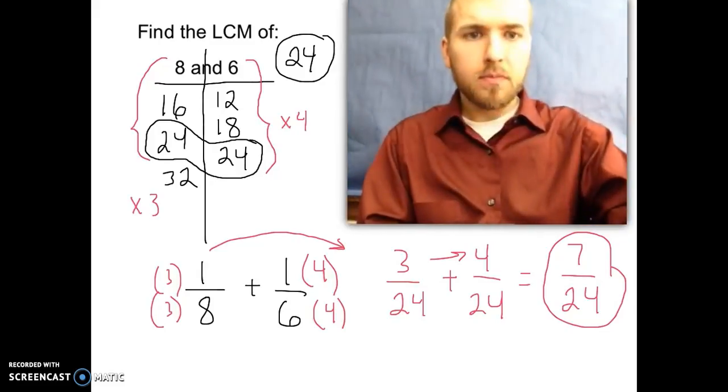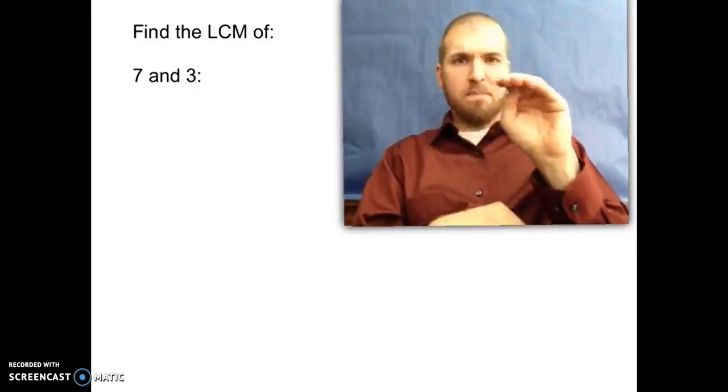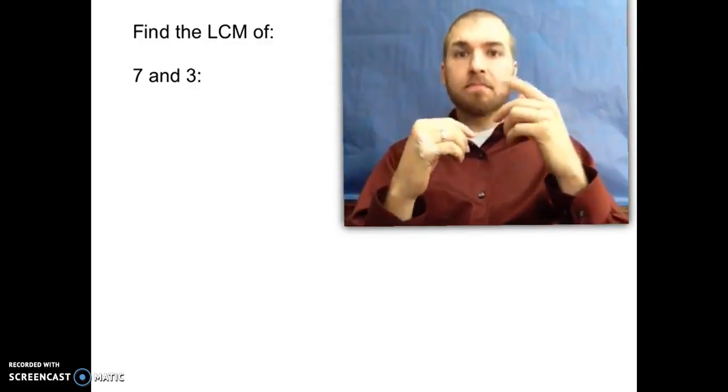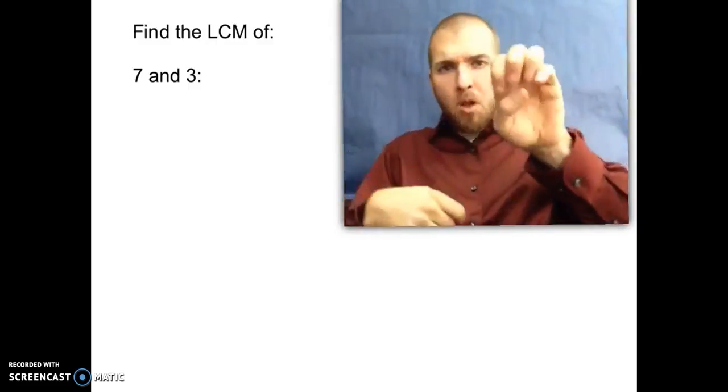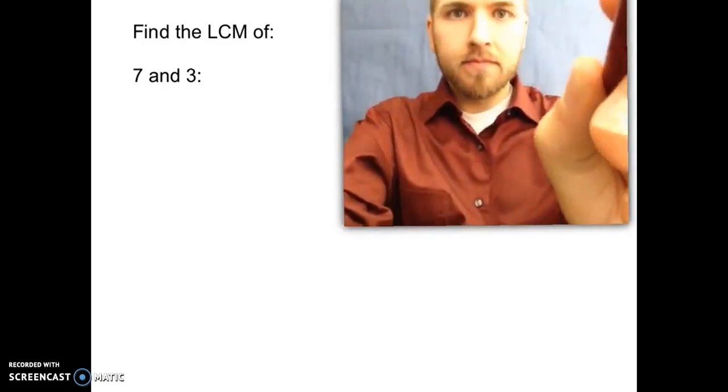Okay, so I hope that everything's clear so far. Now I'm going to give you the opportunity to figure out the LCM of 7 and 3. Pause the video and write down your answers and see if they match mine.